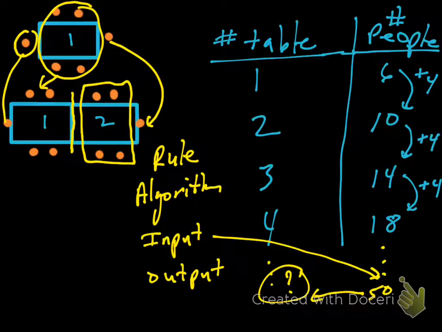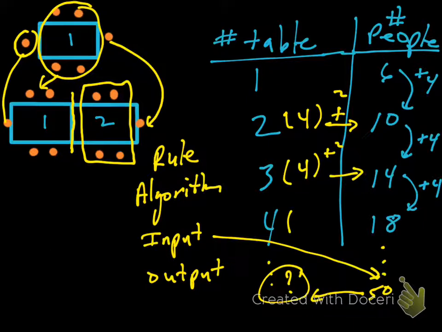So let's say if we start out here, multiply 2 times 4, that's 8, and then plus 2. That gives us 10. Let's see if that works here. 3 times 4 is 12, plus 2 gives us 14. Let's see, 4 times 4 is 16 plus 2.